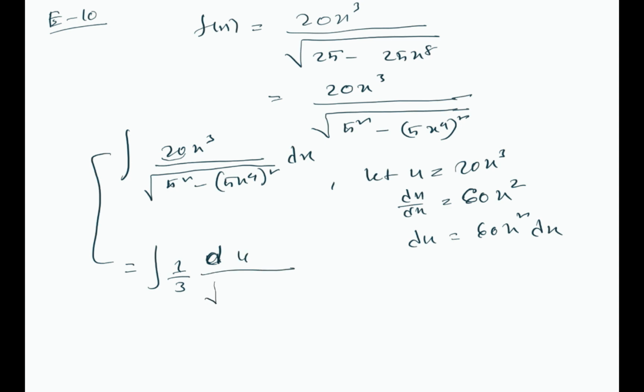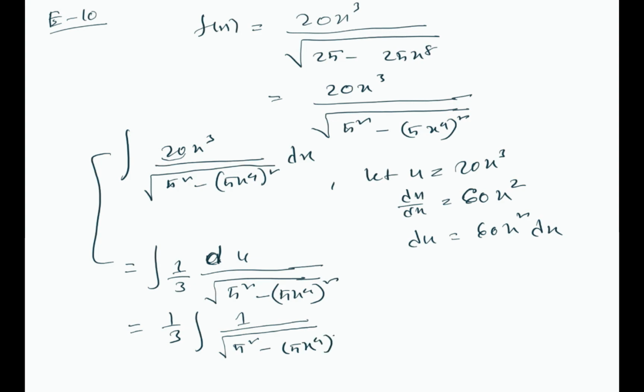Then in the denominator we have the same thing, the square root of 5 squared minus 5x to the power 4 all squared. We have a constant here, so we can factor out 1 over 3, and this is du.